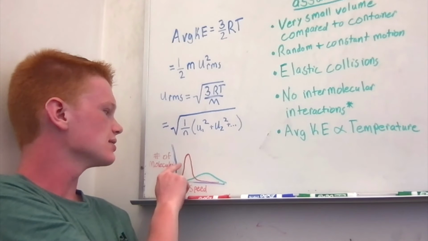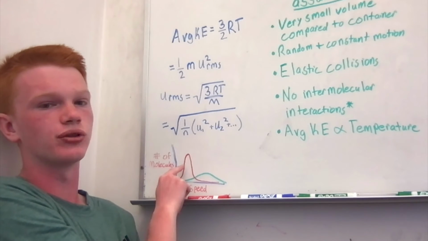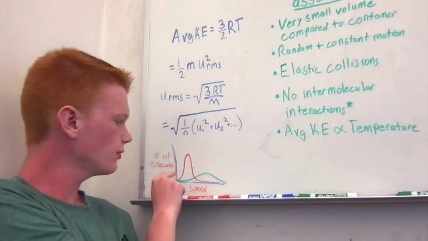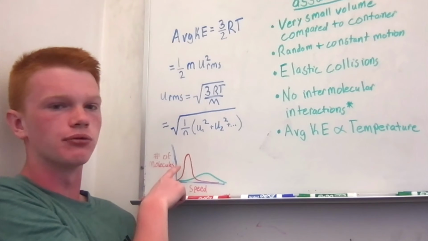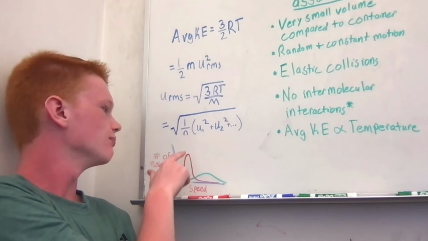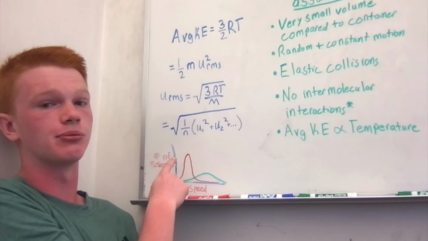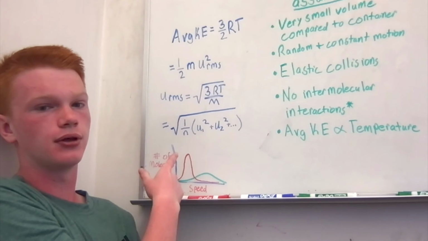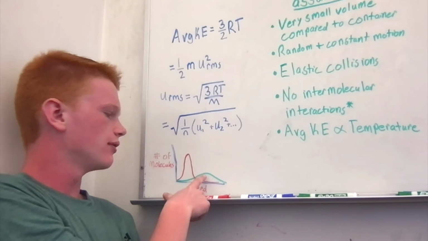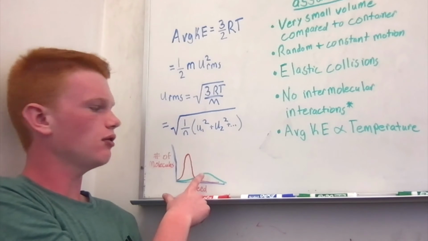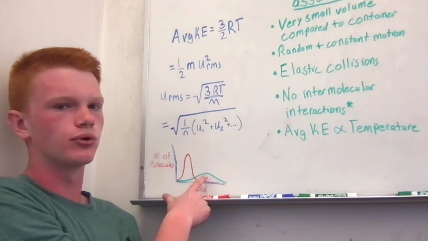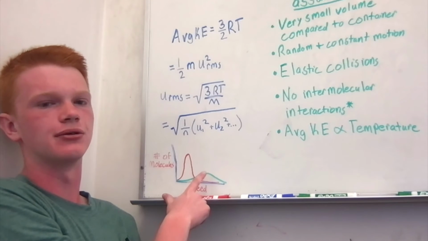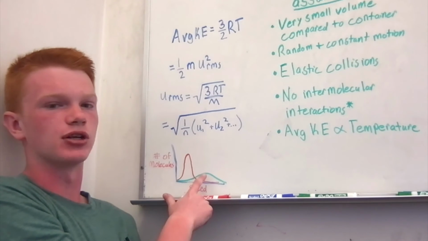So since this gas is heavier, and these are both at the same temperature, this has a lower root mean square speed, but more of the oxygen molecules are going to be at the average speed than the hydrogen molecules. Not a lot of the hydrogen molecules will be at the average speed, but the average is much higher.